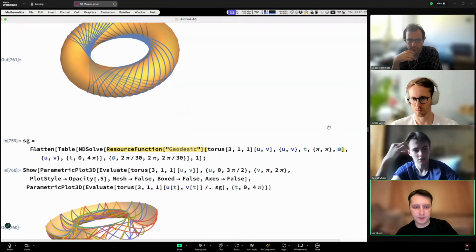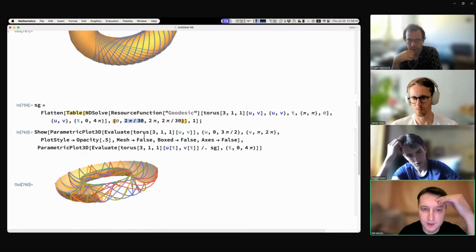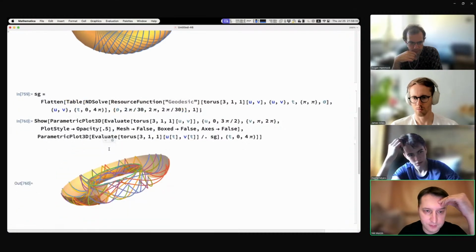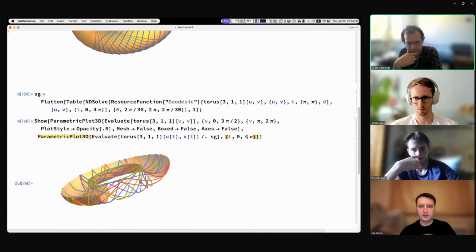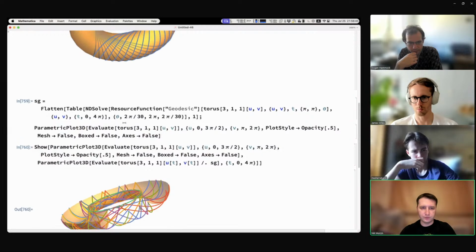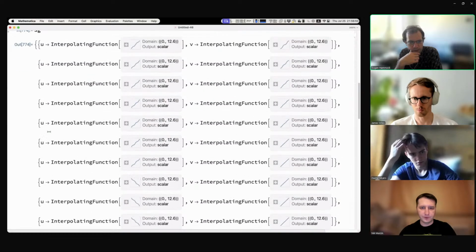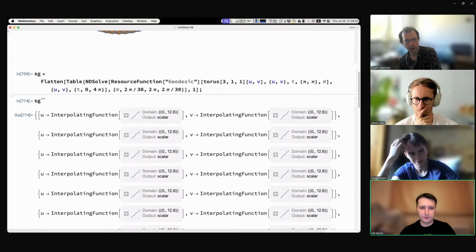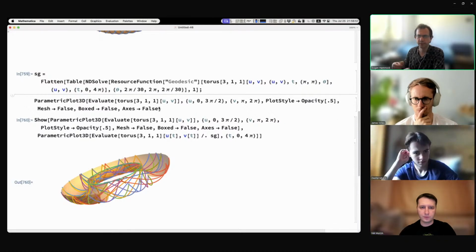So this is essentially curves starting from a point, pointing in different directions. It's drawn like this. Can you just show one at a time there? Oh, that's the surface of the torus. That's a parametric plot. So this is all the curves. Are those curves in parameter space, or are they in 3D?